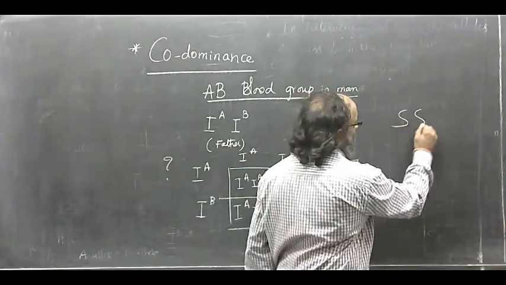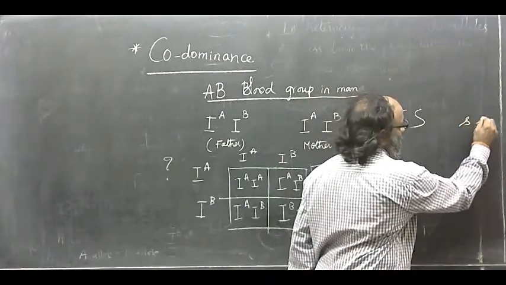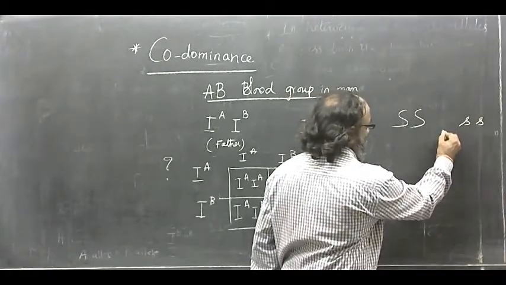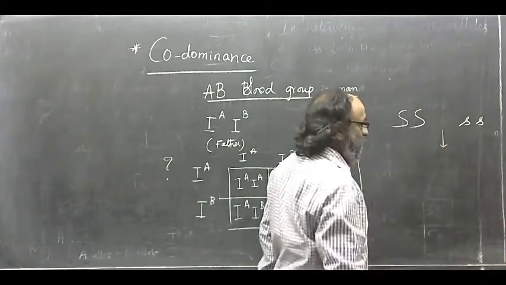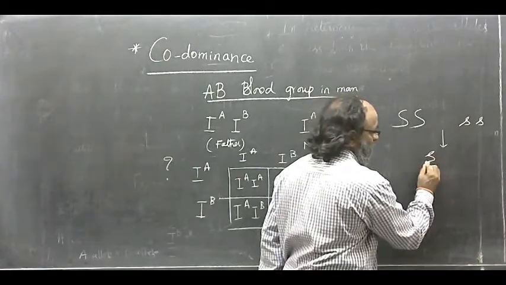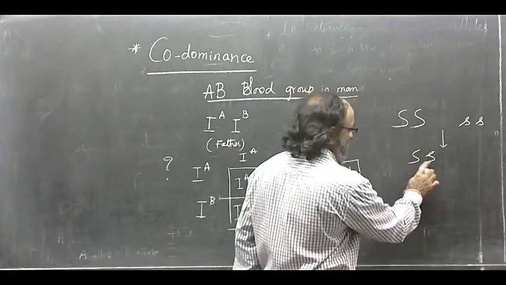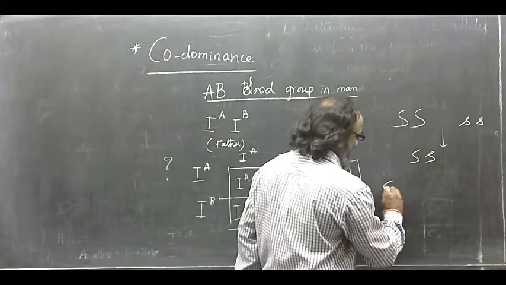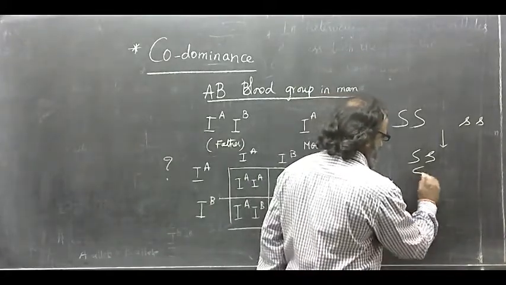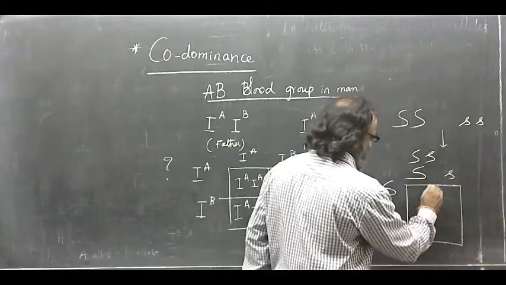This is a spotted lentil seed genotype, and this is a dotted lentil seed genotype. The F1 lentil plants are with both spotted and dotted character. On self-pollination, we will get offspring of the F2 generation. Now let us examine the offspring of the F2 generation.